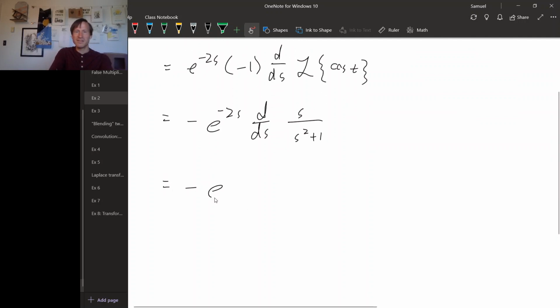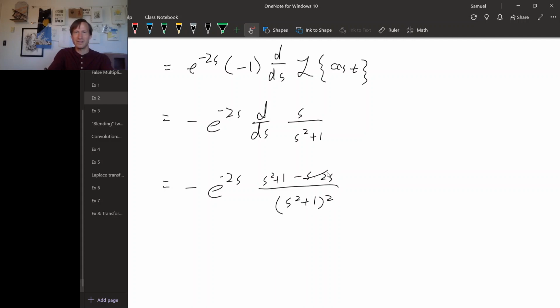So this is minus e to the minus 2s, and then we have to do some quotient rule business here to compute this derivative. So let's see, 1 times s squared plus 1 minus s times 2s over s squared plus 1 squared. So those don't cancel. I take that back.